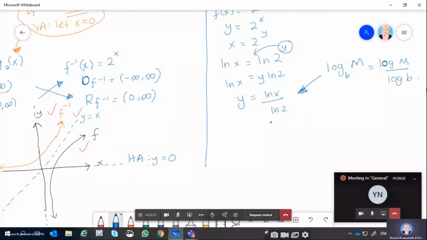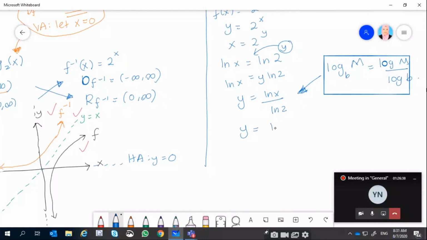For this case, when you use this law, you will get y equals log x base 2. Can you relate this?